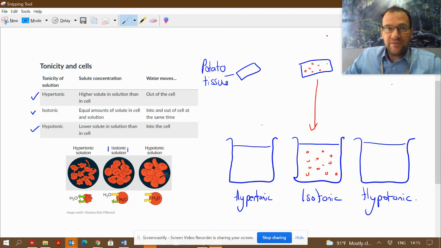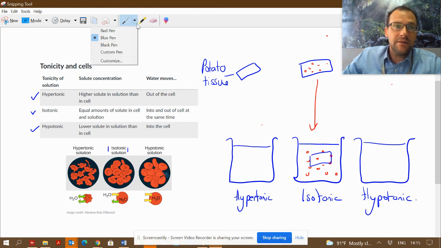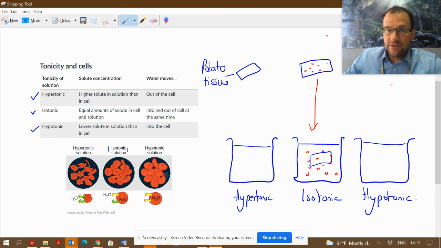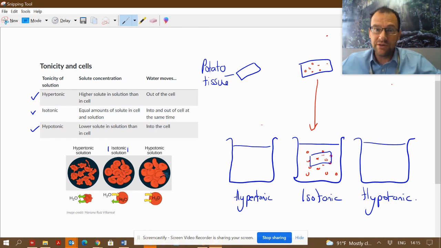Which means, let's put it in. I'll just draw it in. Here's my potato in here, with the same salt concentration as its surroundings, which then means, what happens to water movement?